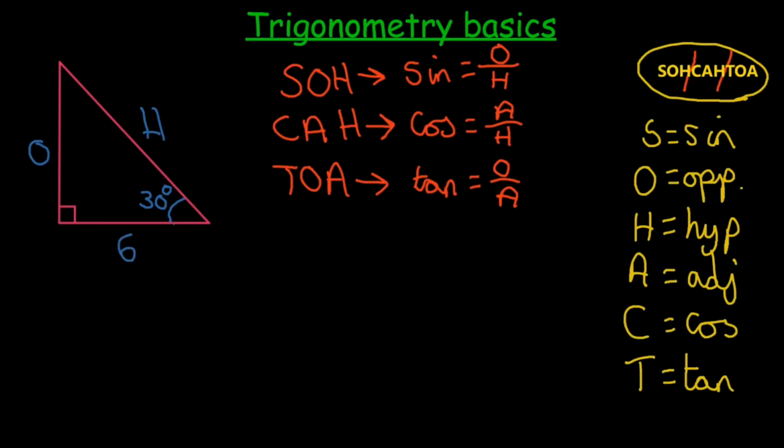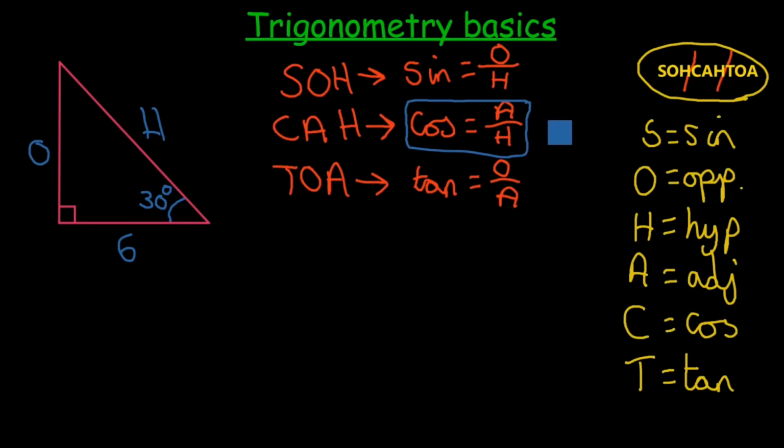So what information do we have that we can put into one of these equations so we can get another value out? Well, we have an angle and a side length adjacent to that angle. Remember, this is the one opposite, this is the adjacent. So we have an angle and an adjacent, so we would use this one here.